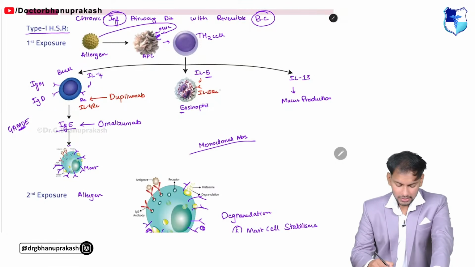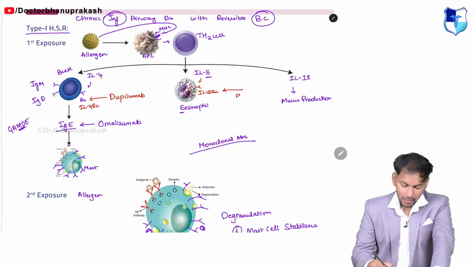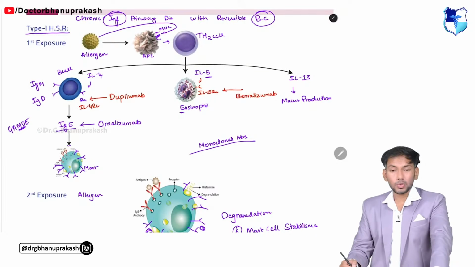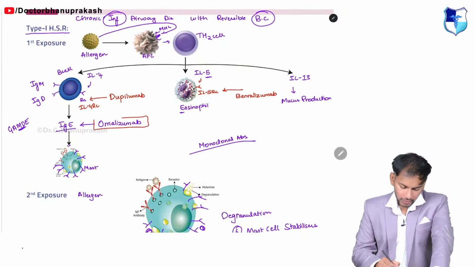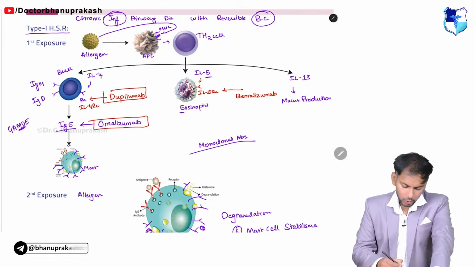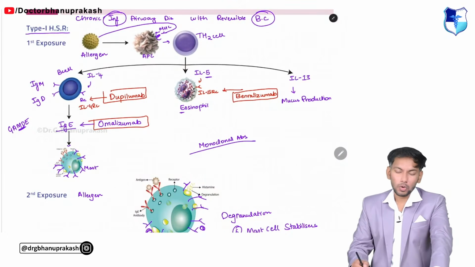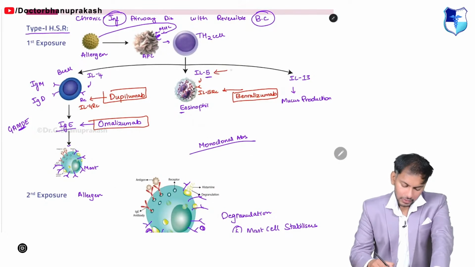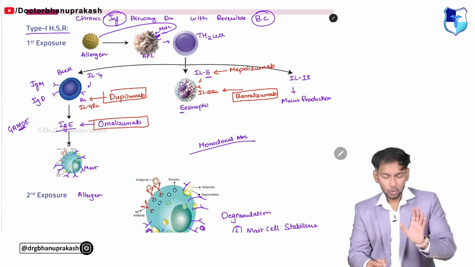You can also block this IL-5 receptor by giving benralizumab. Did you understand? So these are all the important monoclonal antibodies: omalizumab, dupilumab and benralizumab. Now there is also one more against IL-5, that is mepolizumab. So all of these are monoclonal antibodies.